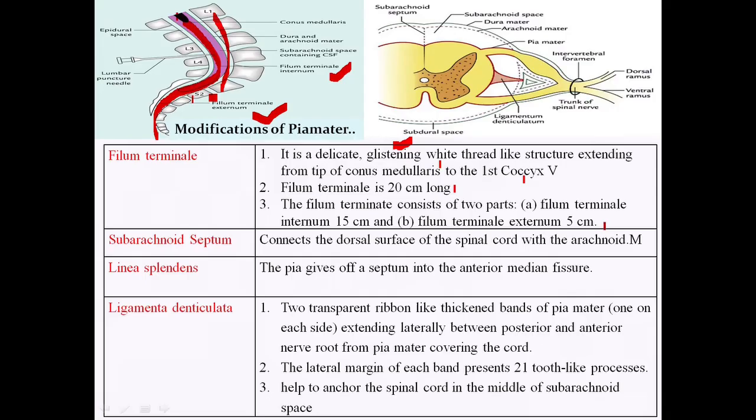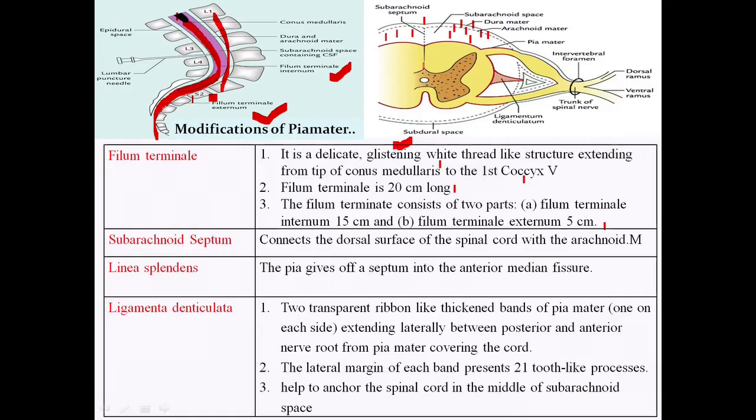Then moving on to the subarachnoid septum. It connects the dorsal surface of the spinal cord. When you see the cross section, here it is covered by Dura Mater. Then at the second level it is encircled by Arachnoid Mater. So automatically this is the subarachnoid space.